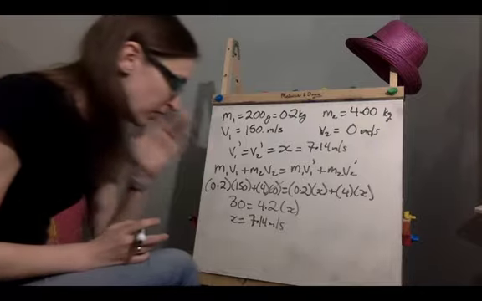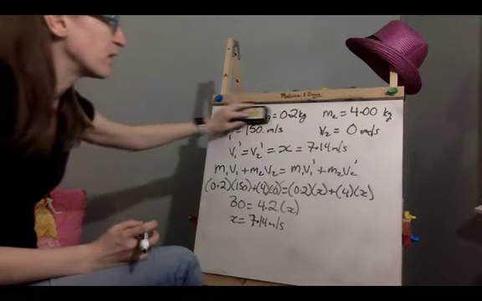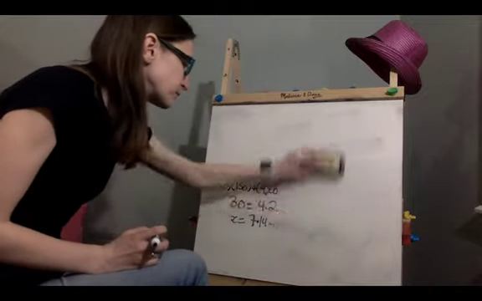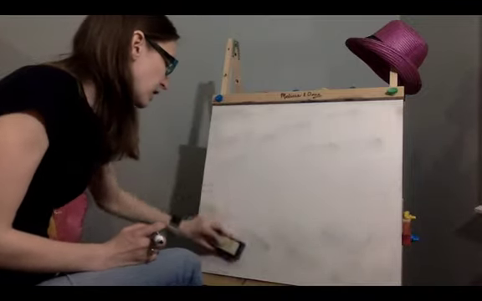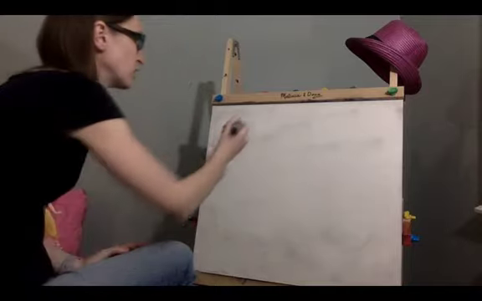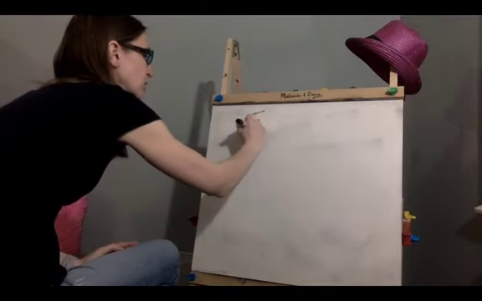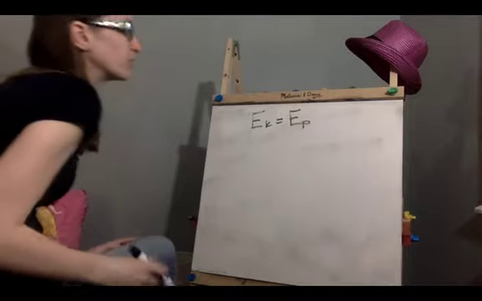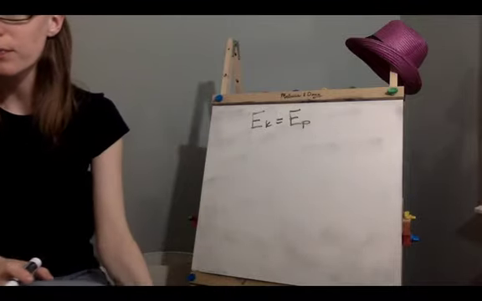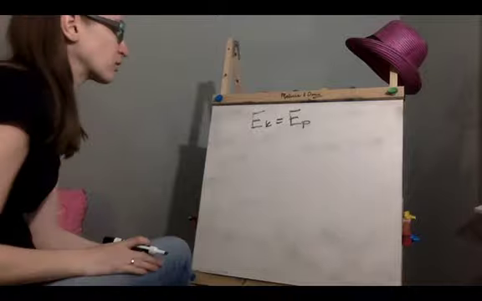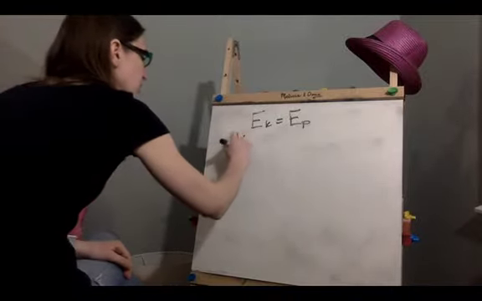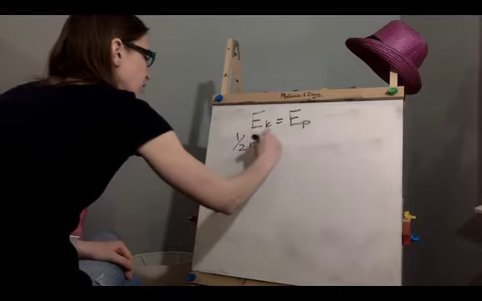So in that closed system, we can set up the following, where our kinetic energy is turning into potential energy. We're basically saying that K is going to equal EP or EG, depending on who's writing it down, because this would be gravitational potential energy. We have a formula for kinetic energy, that's 1/2 mv squared.